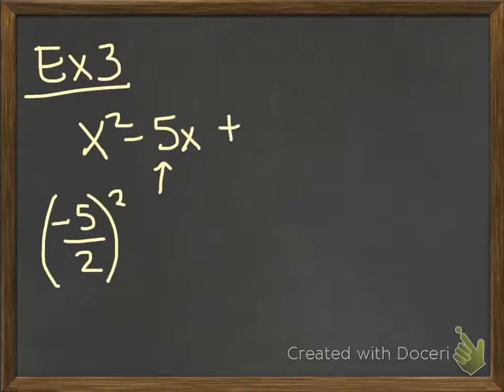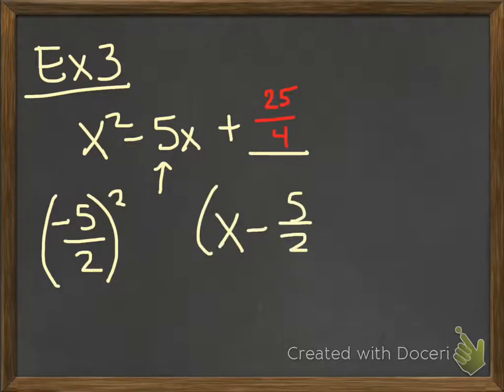So that gives me negative 5 times negative 5 is positive 25, and 2 times 2 is 4, so it's 25 fourths. And if I were to factor it, it's just x minus 5 halves, quantity squared. So this is the sum, and this is the product.